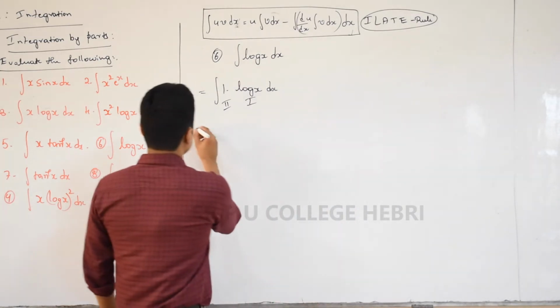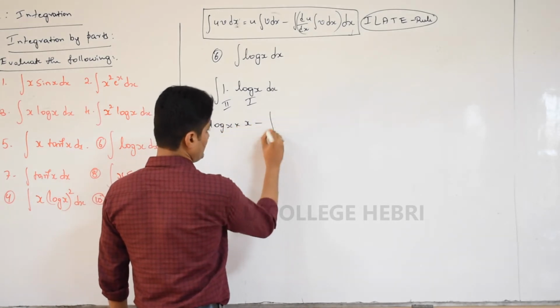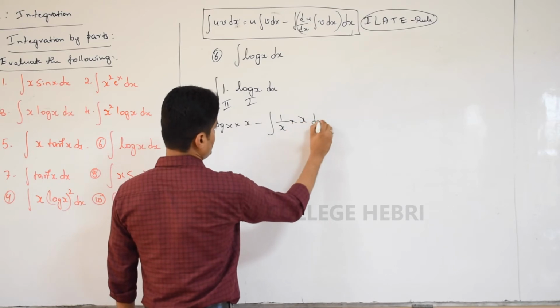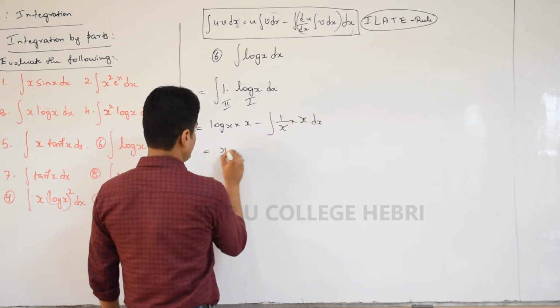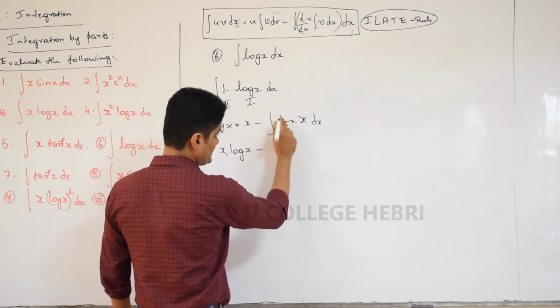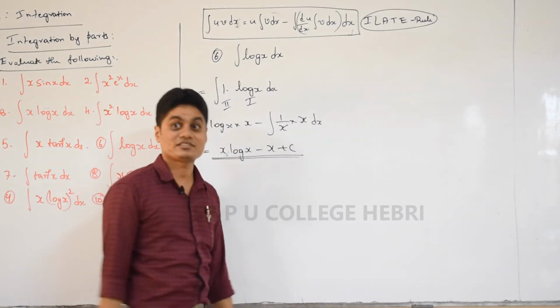Now apply integration by parts as usual. Log x, integration of 1 is x, differentiation of log x is 1 by x, integration of 1 is x, so x cancels, so it is x log x minus integration of 1, which is x, plus c. Done. That's it. x log x minus x.